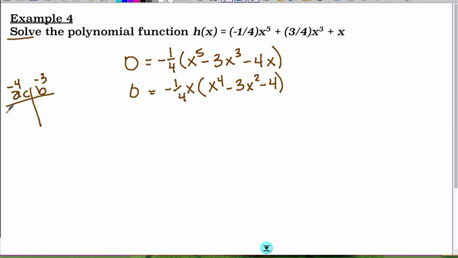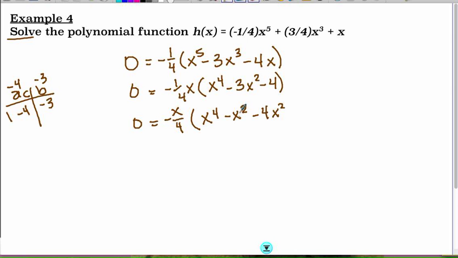So I know that my factors could be 1 and negative 4. If I multiply those, I'll get negative 4, but if I add them together, I'll get negative 3. So I'm going to rewrite this as negative x over 4, just so we know these are both the same thing. I've got x to the 4th, and I'm going to specifically keep the x squared with it, and the negative 4x squared.